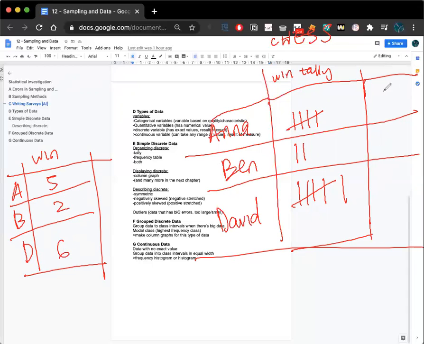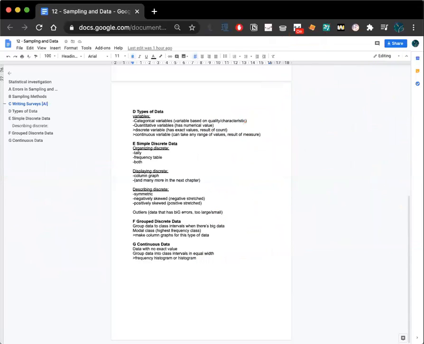Or you can also combine both of these into both a frequency table and a tally table. To display these data, we can also display in form of a column graph.